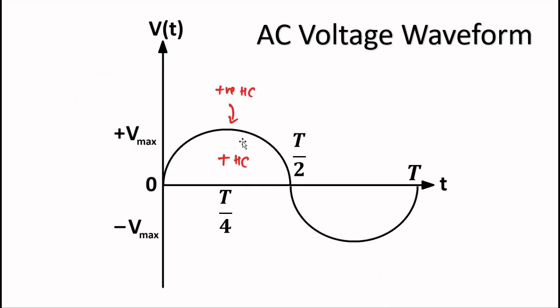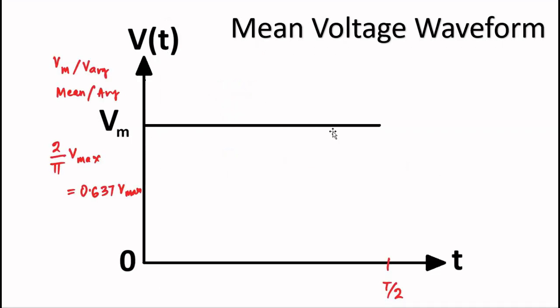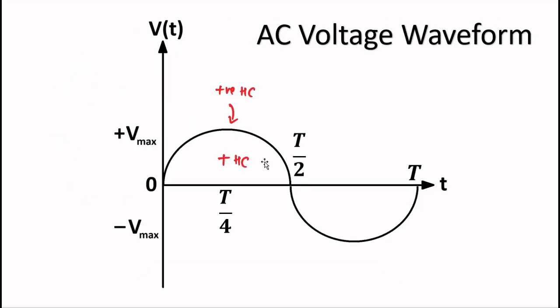So applying this AC voltage for half the time period, for a duration of T by 2, will transfer the same amount of charge as applying this DC voltage for the same time period, that is T by 2 seconds. This is the equivalent DC representation of the positive half cycle AC waveform.